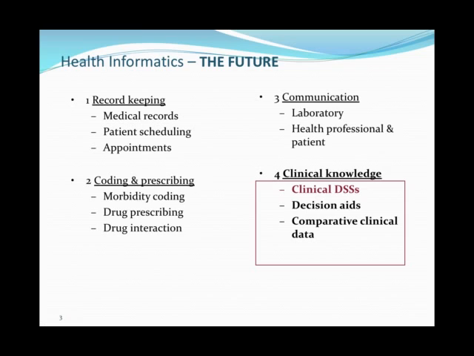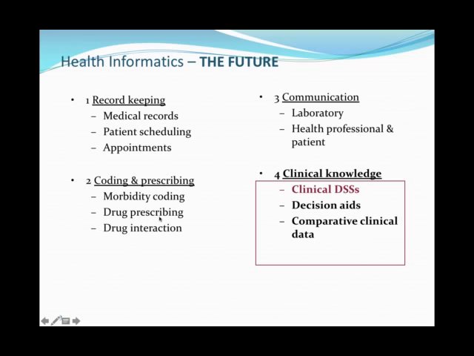When we talk about coding and prescribing, coding means after you see a patient, you write down a number, like what was their diagnosis, how long did you spend with the patient, and you send that to the insurance company, and then they give you money based on the code that you write down. And we do this for drug prescribing.